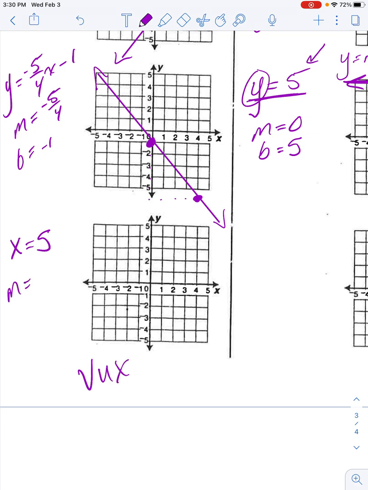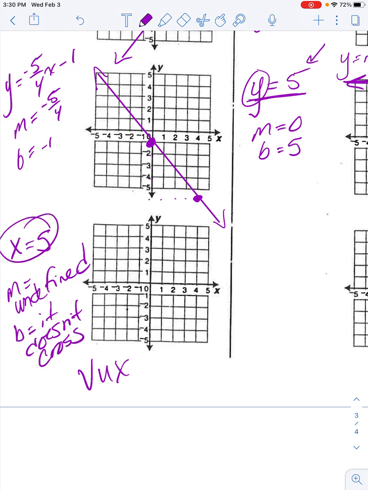So slope, we're gonna say undefined, and b, okay, it doesn't cross. y equals mx plus b, it doesn't cross. Okay, so on this one, on your x, you're gonna go to 5, and it's a vertical line.